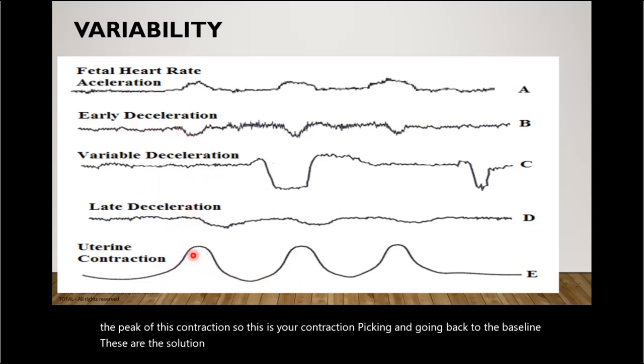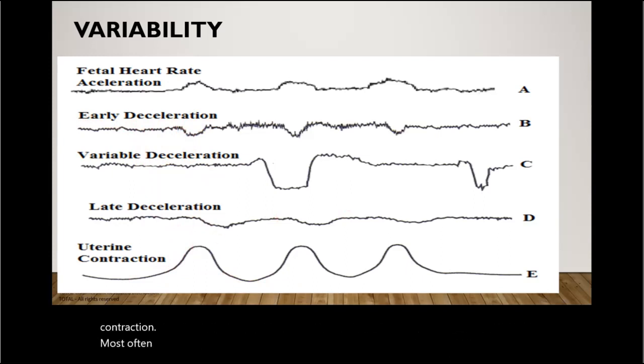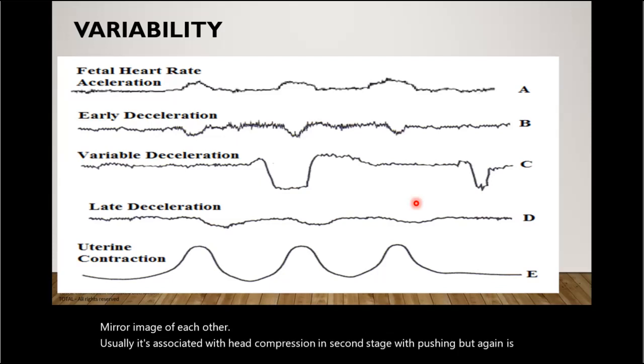It is most often a uniform mirror image of the contraction. This is going up and this is going down, like a mirror image of each other. Usually it's associated with head compression, in second stage with pushing, but it's a reassuring pattern.